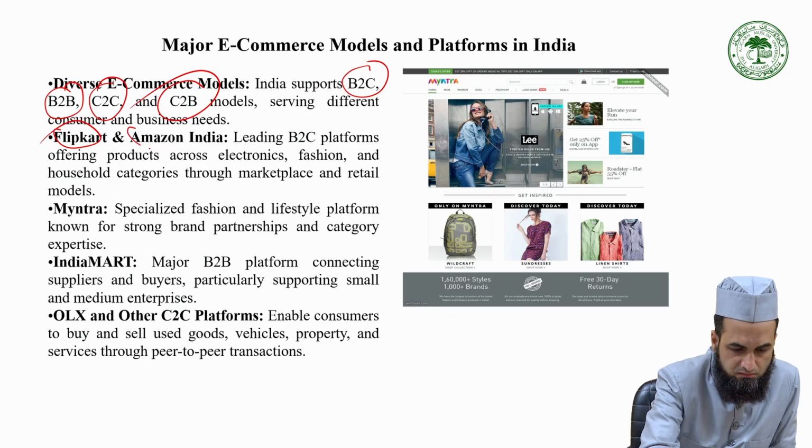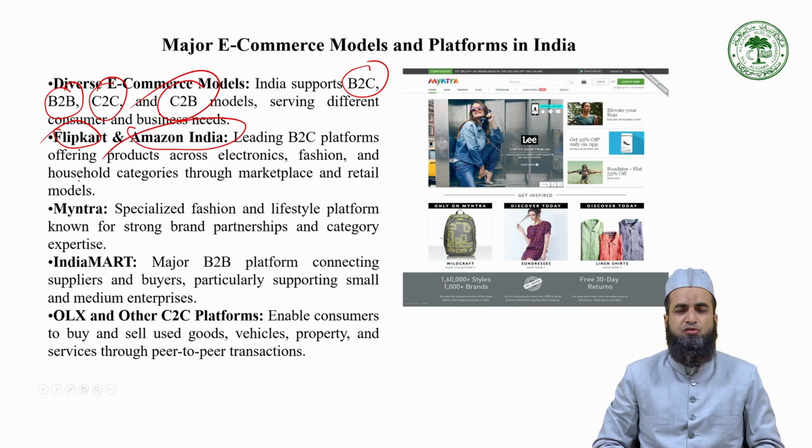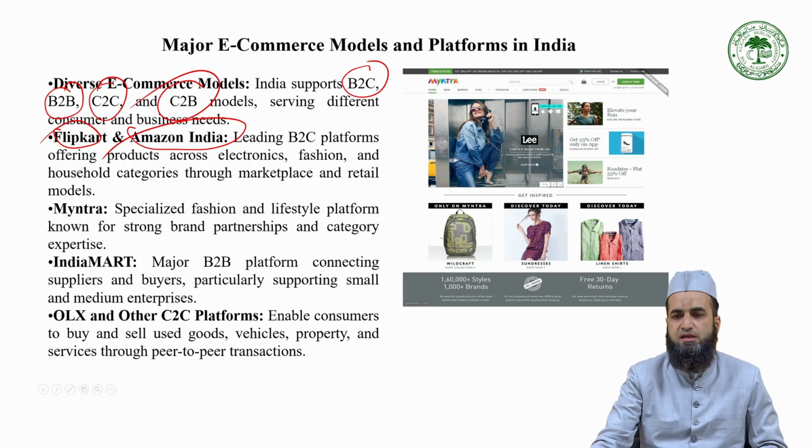Then we have Amazon India. So Amazon India represents the entry of a global e-commerce giant into the Indian market, bringing strong logistics capability, marketplace depth, and technological sophistication. Its presence has intensified competition and improved service standards across the industry.